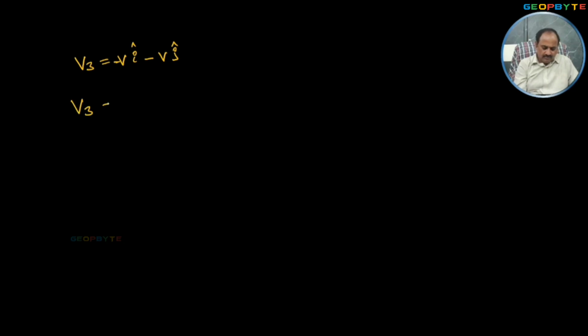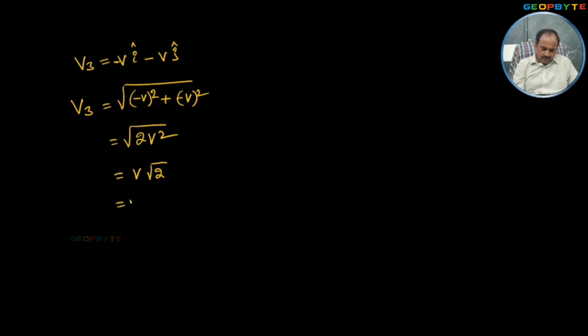Then V3 equals root over minus V square minus V square, plus minus V square. It is equal to root over 2V square, equal to root 2 into V. Root 2 V. That is the velocity of the third particle.